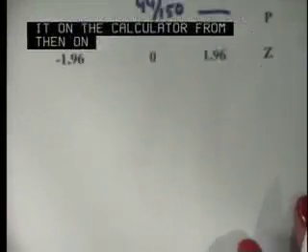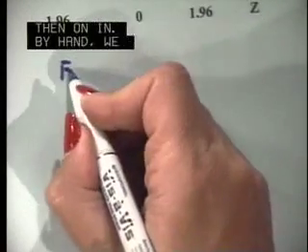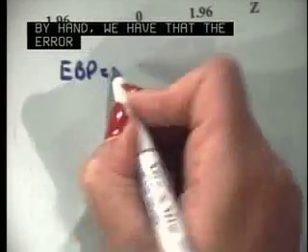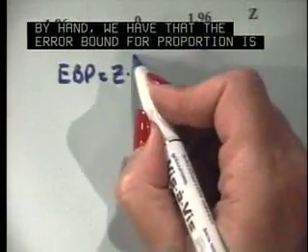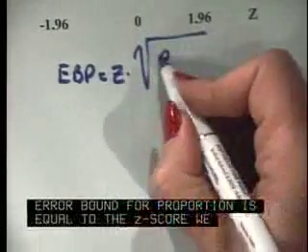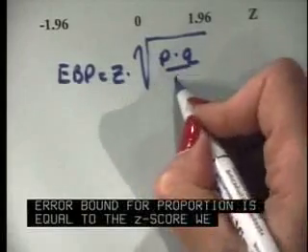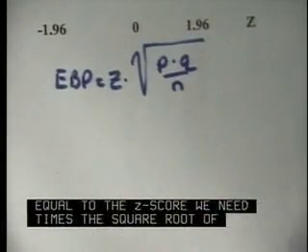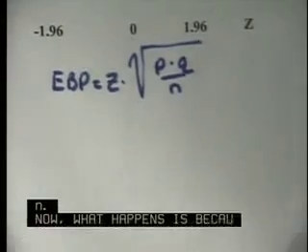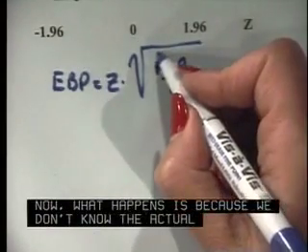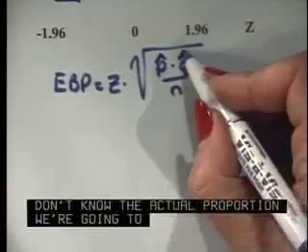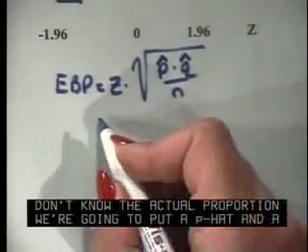By hand, the error bound for proportion is equal to the z-score we need times the square root of pq over n. Because we don't know the actual proportion, we're going to put a p hat and a q hat here and use our estimates.